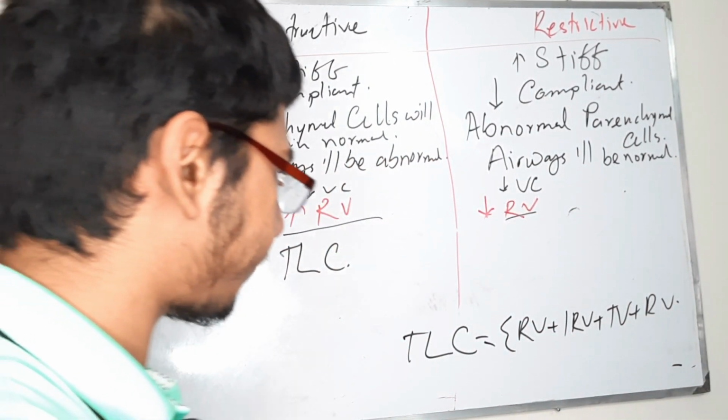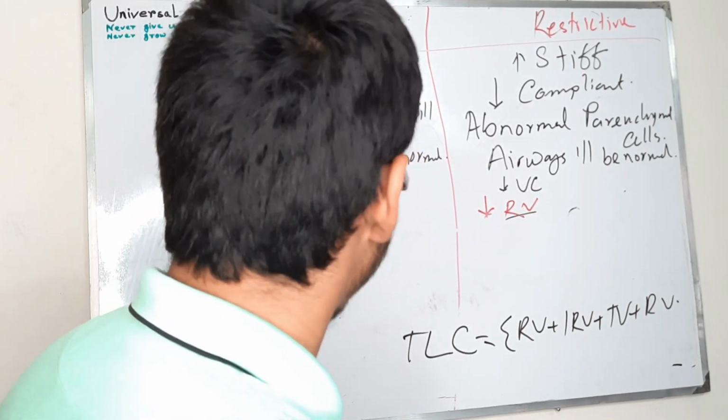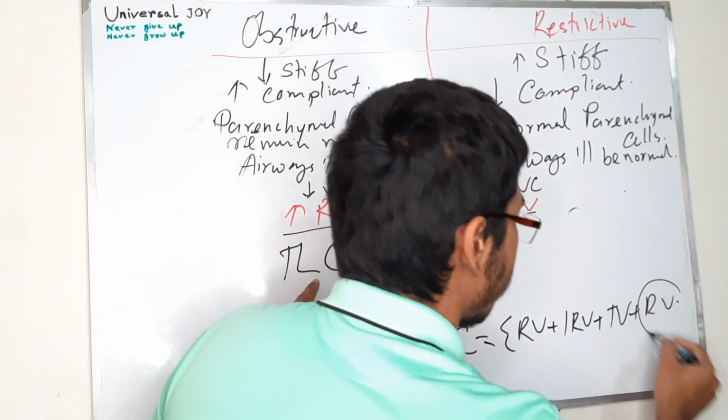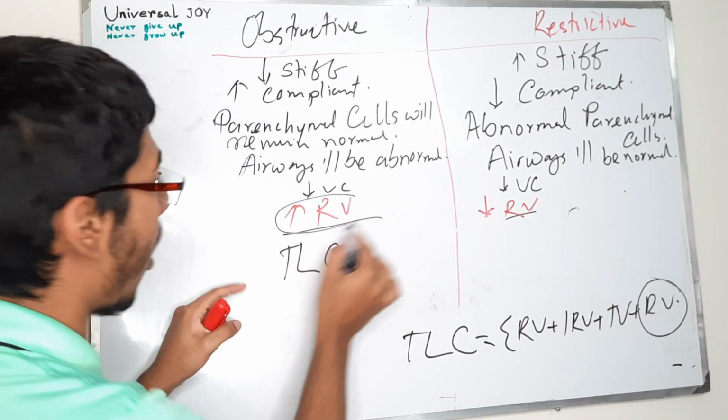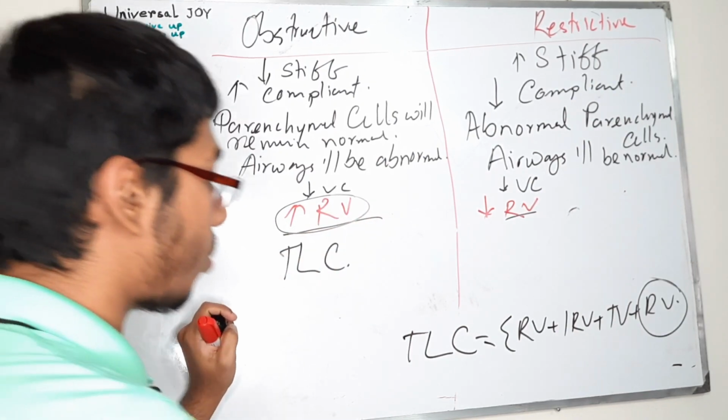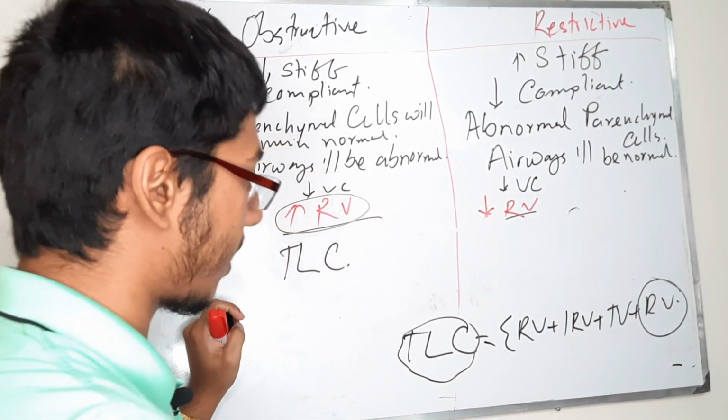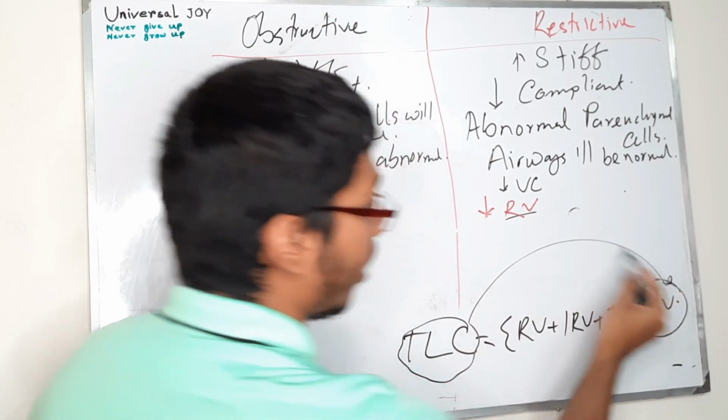Now what really happens is that residual volume is increased in obstructive disease. So total lung capacity will keep pace with residual volume.